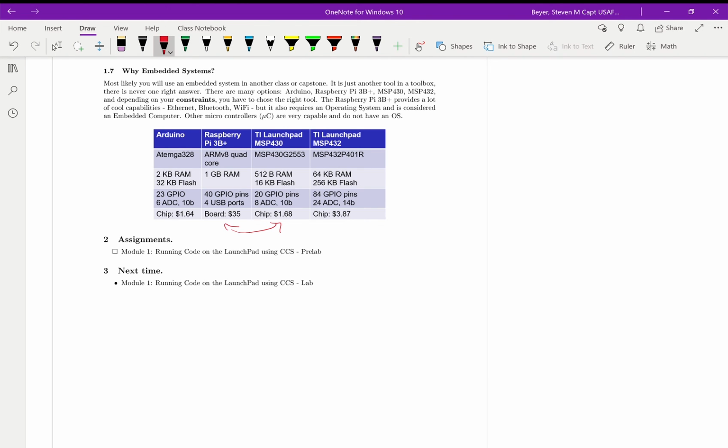And then we can look at how much input output do we have. So our MSP432, 84 general purpose input output pins. That gives us a lot of capability to communicate with a lot of devices. Raspberry Pi, not so much. And the biggest issue with the Raspberry Pi is that's a whole computer with an operating system.